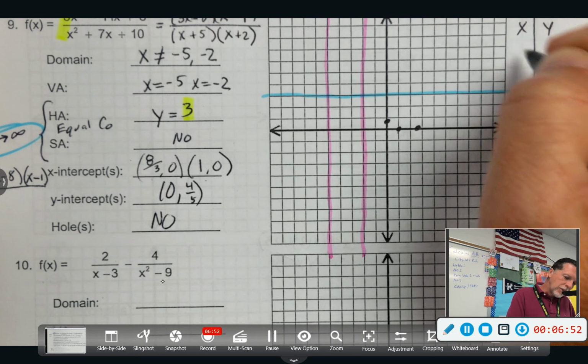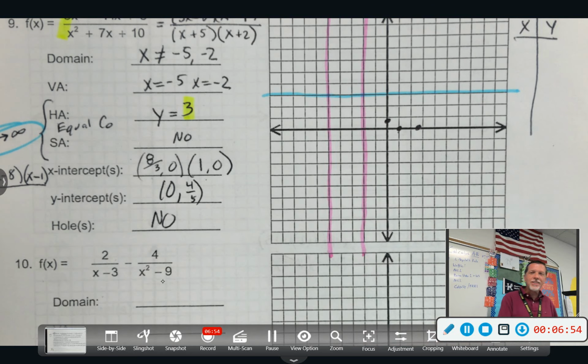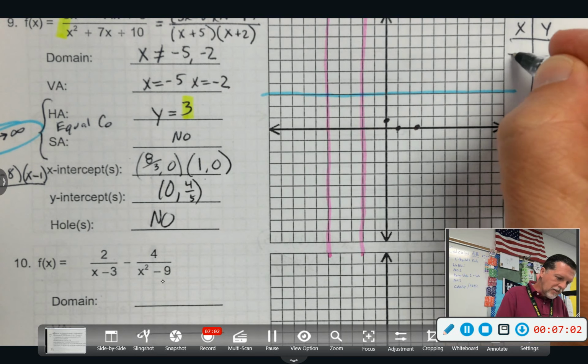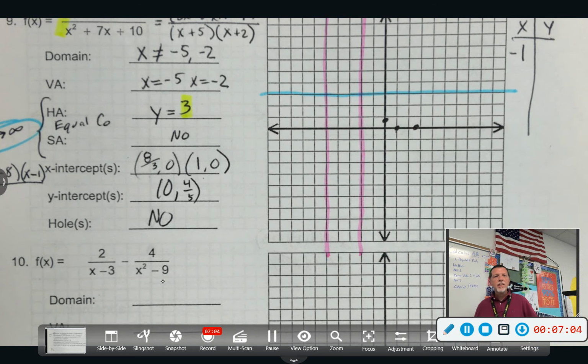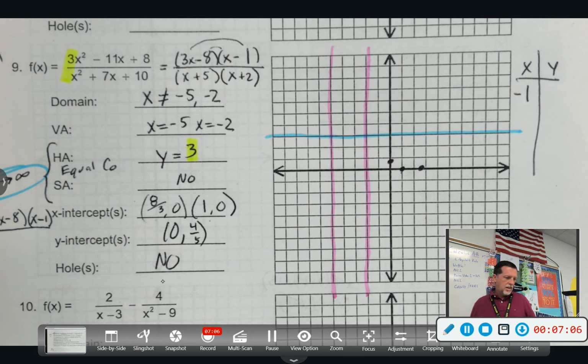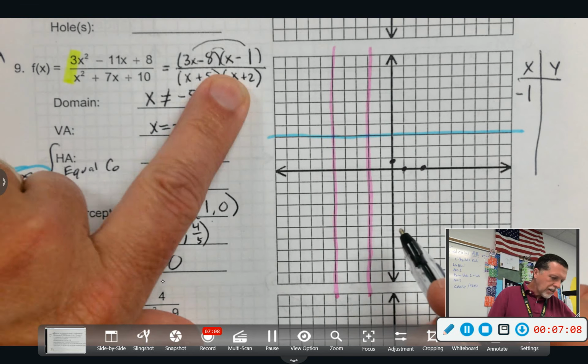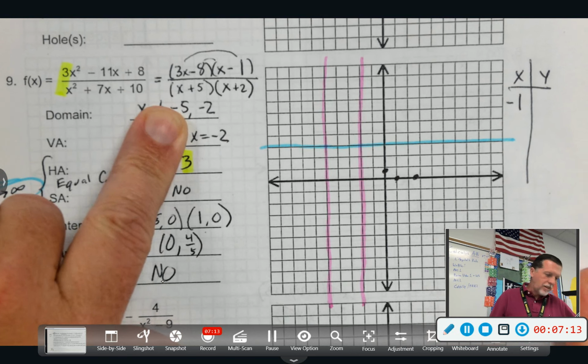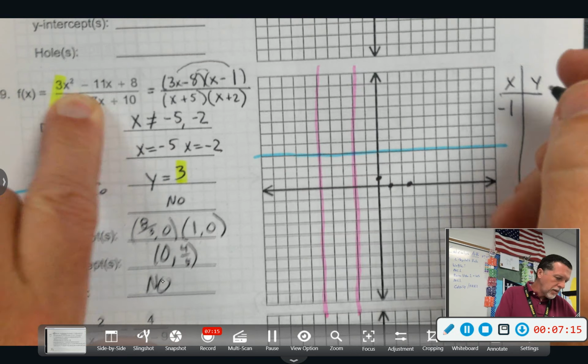Okay, table of values, because I really don't know what's going on over here. Let's try x equals negative 1 and see what happens. Factored form, not factored form. Negative 1's pretty easy to deal with, so I'm going to go not factored form.